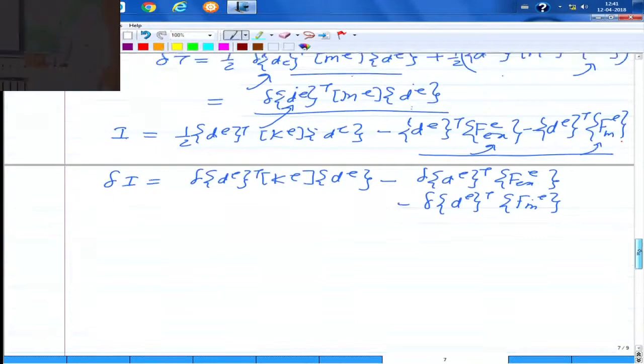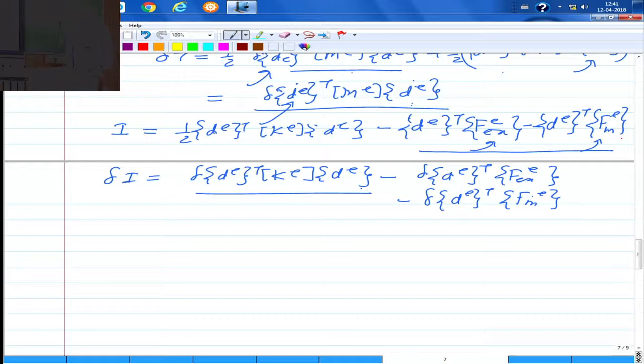Now this part, the one which is coming from strain energy, we call delta V. Strain energy is, although stresses and displacements, and therefore strains and stresses, are implicit functions of time, directly they are in terms of U, V and W and their gradients.